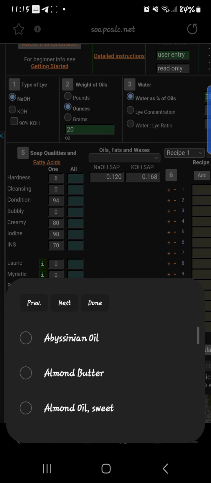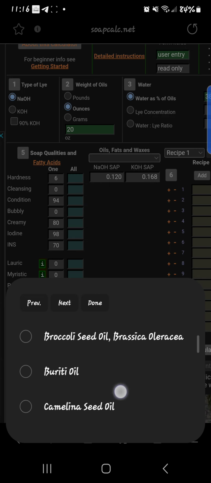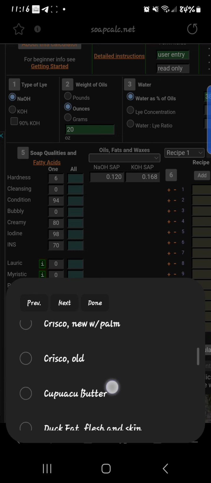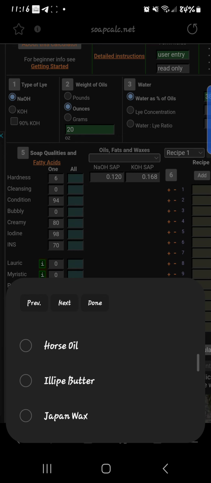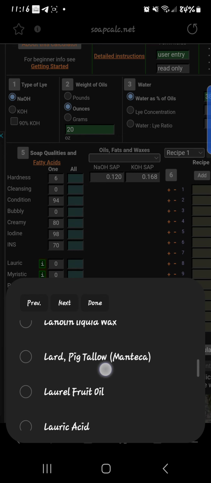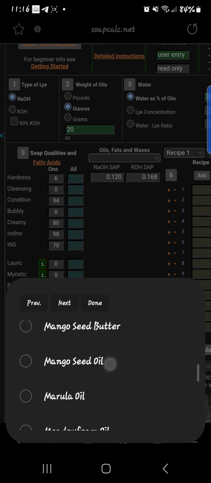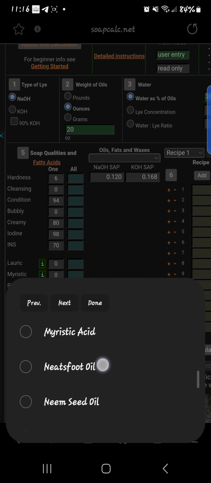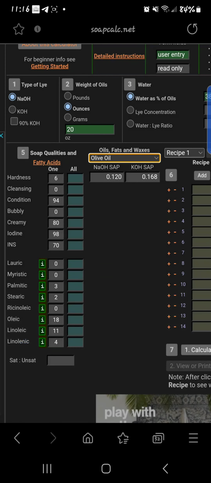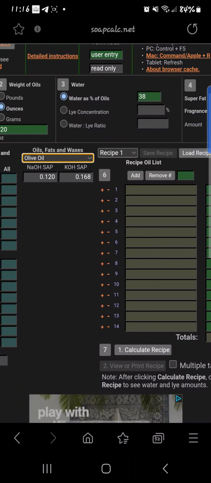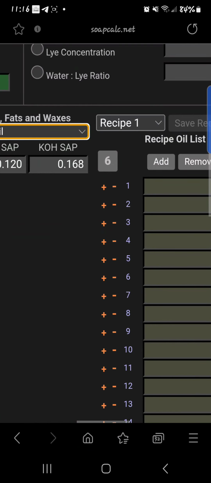But the first oil in that formula is olive oil. So you'll hit that drop down menu and go down to olive oil. Then you'll scroll over here to number 6, and in that number 1 spot you'll see the plus and minus sign. You hit the plus and it adds the olive oil.